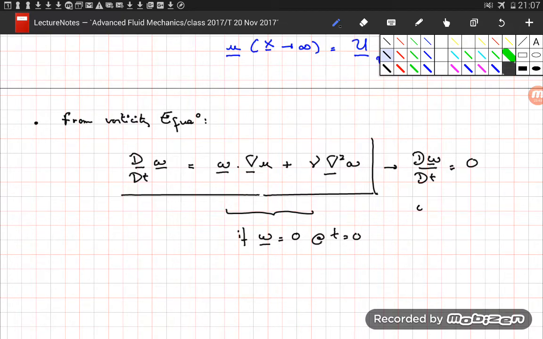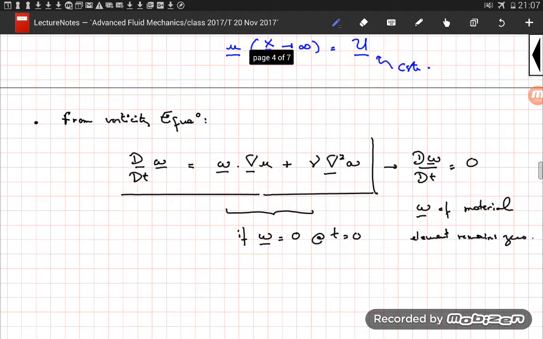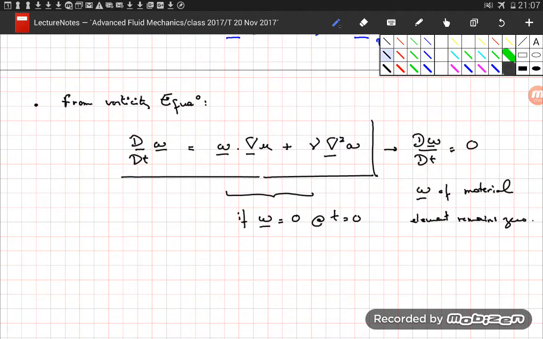So the vorticity of a material element remains, because it was 0 at infinity, it will remain 0. So if the flow is irrotational at infinity and there was initially no vorticity in the field, then vorticity is just transported, and therefore it remains 0.